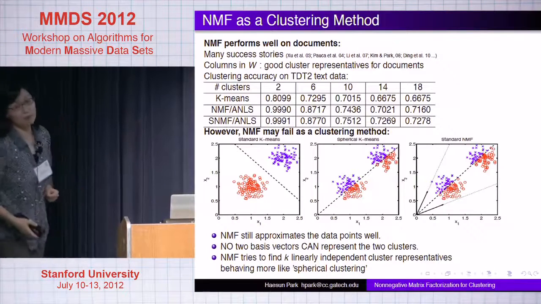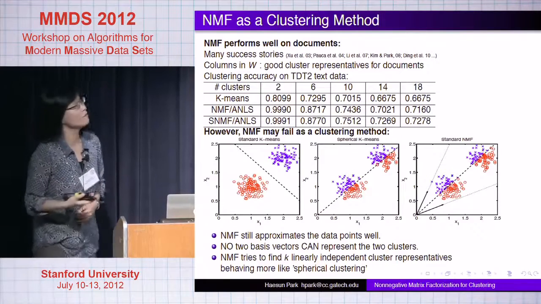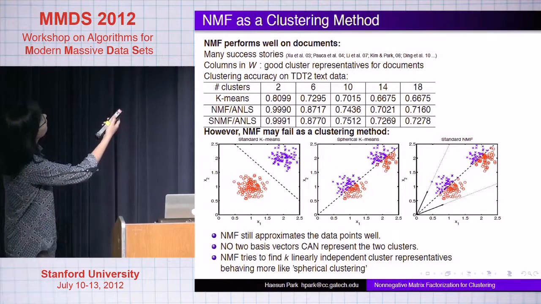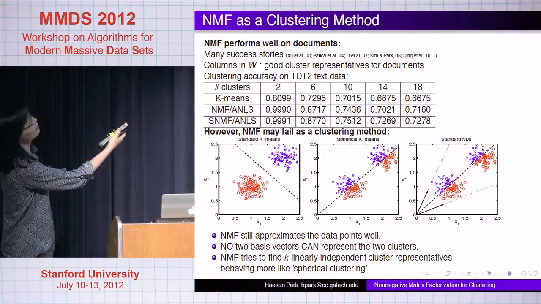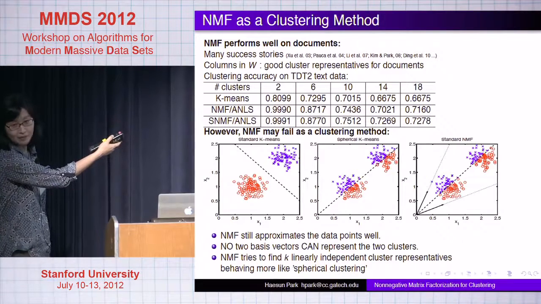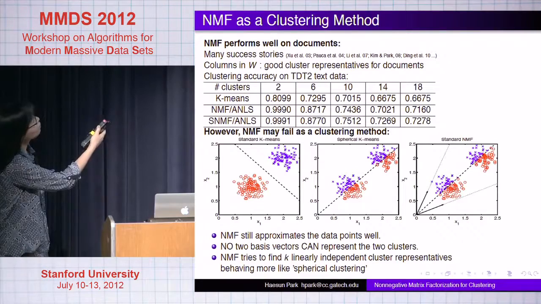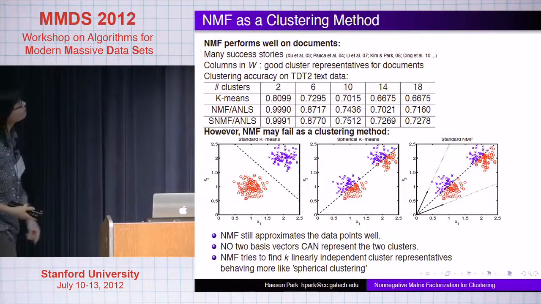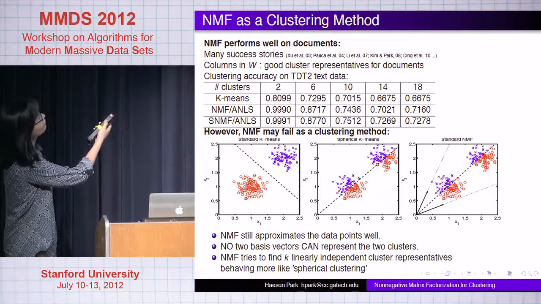We ran each method 100 times with initialization by random matrices. And these are the clustering accuracies: K-means, NMF, and sparse NMF. Overall, NMF-based methods worked much better. And as dimension goes higher, the performance of NMF-based methods becomes better relative to K-means.